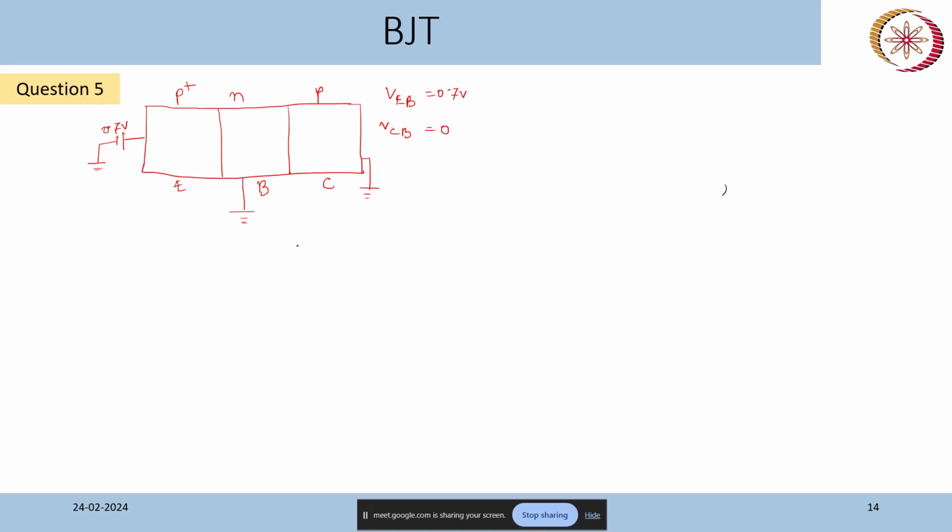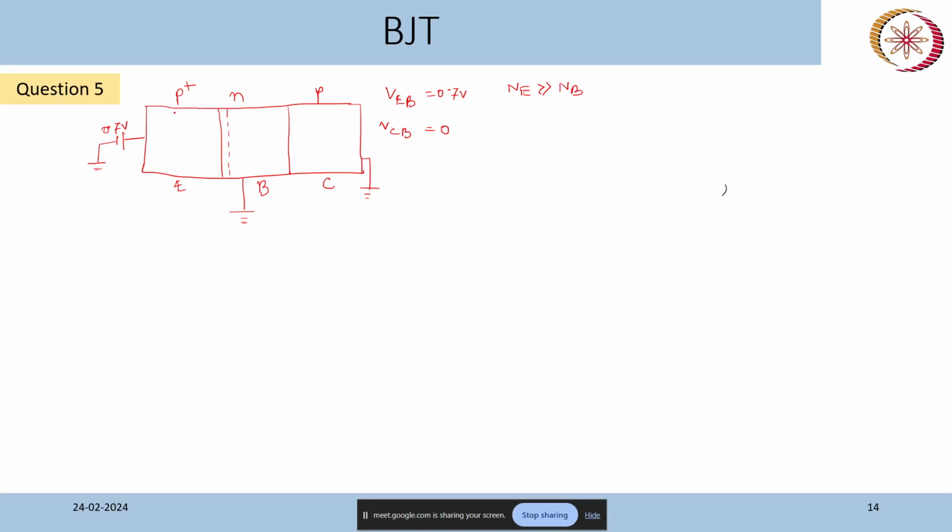So here this junction, P plus N junction, is forward biased, and so these two are at the same potential. Now because it is given that Ne is much greater than Nb, we can neglect the depletion region in the emitter side and consider it only at the base side.